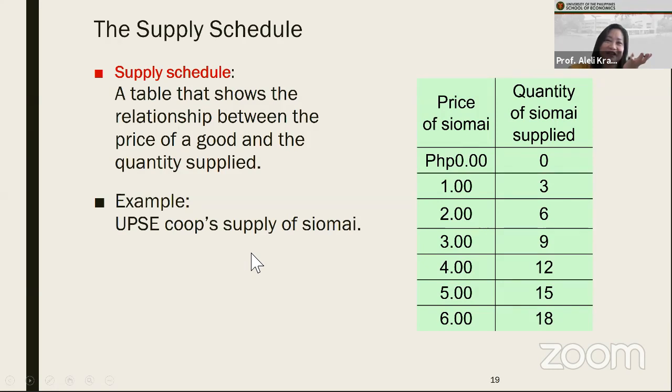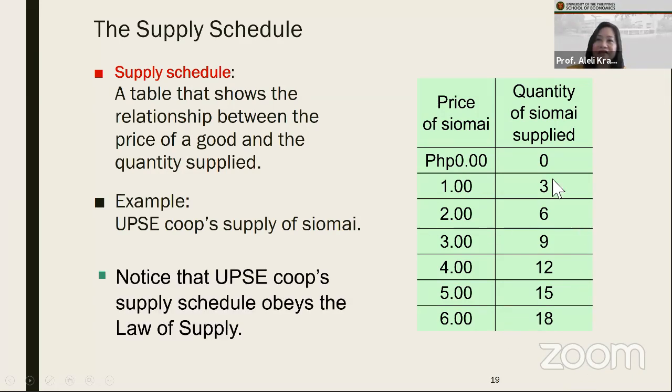You can order online, and at these prices, these are the amounts that they're willing to supply. As the price increases, the quantity that they are willing to supply also increases, and therefore the supply schedule obeys the law of supply.